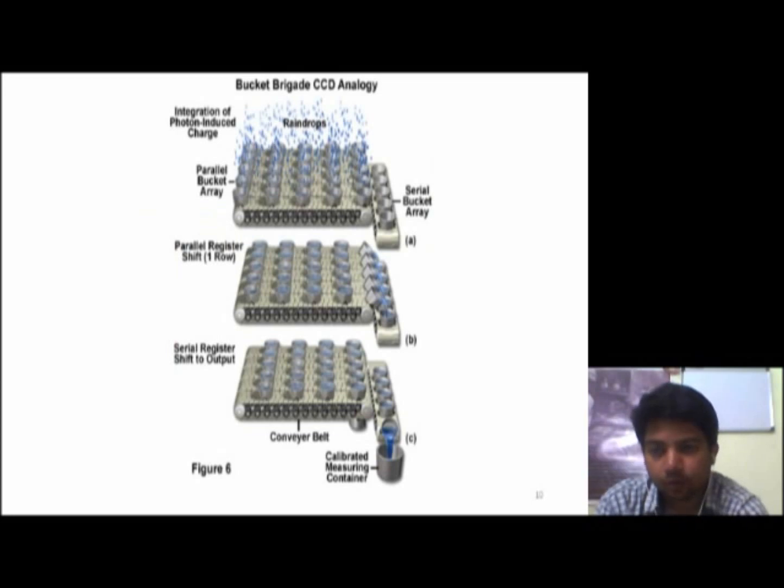For example, if we consider raindrops as the voltage differences collected in individual units of a sensor, then these raindrops are transferred by horizontal clocking and vertical clocking in a bucket brigade fashion into a serial bucket array, where they are finally transferred into a calibrated measuring container, which measures the amount of voltage difference obtained.